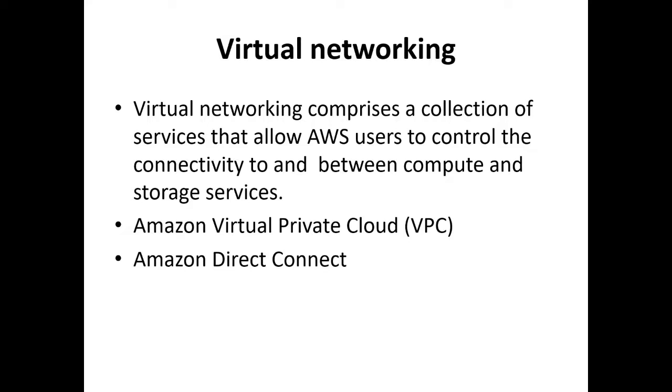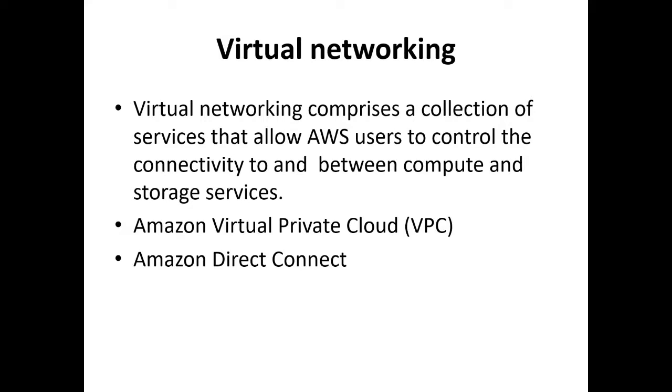You can use either IPv4 or IPv6 in your Amazon VPC for secure and easy access to resources and applications. You can easily customize the network configuration of an Amazon VPC.